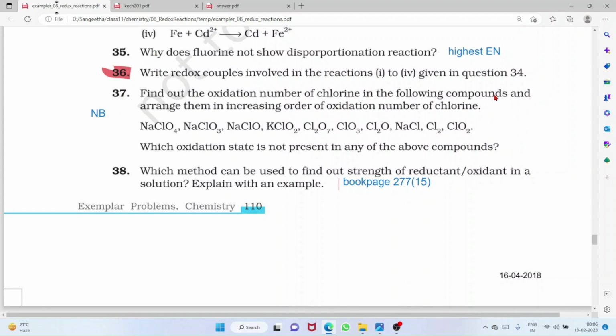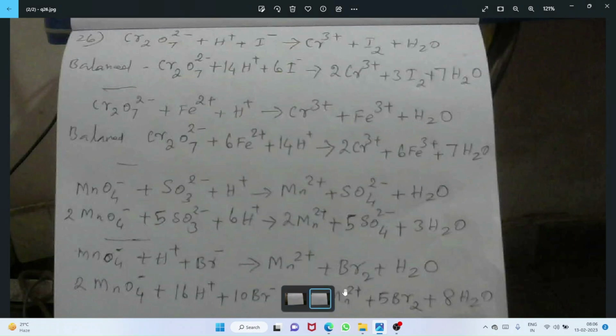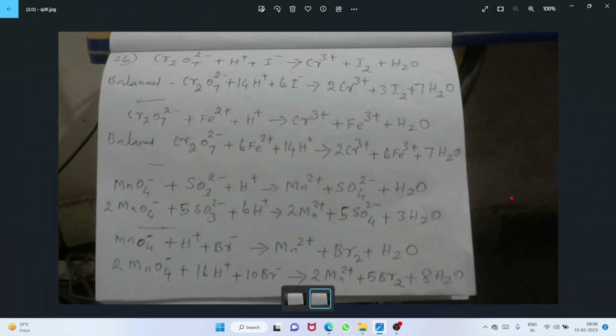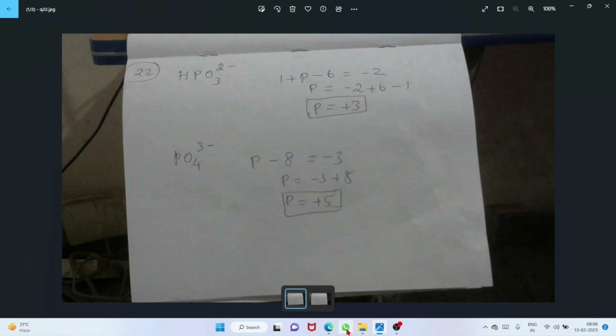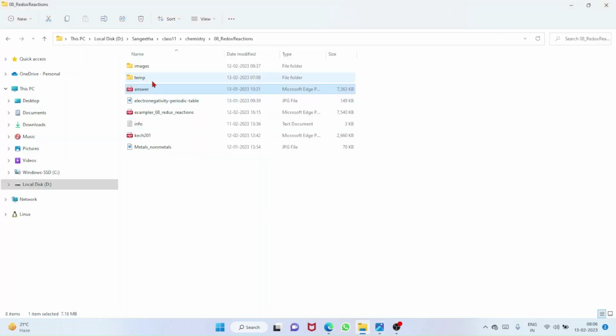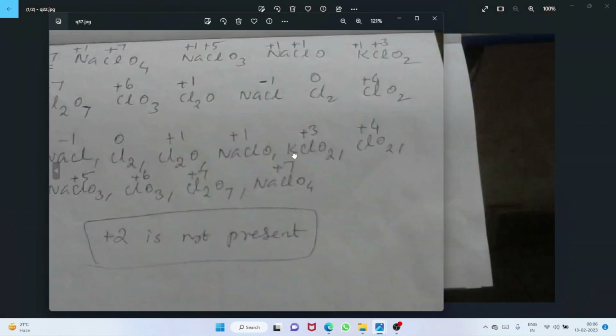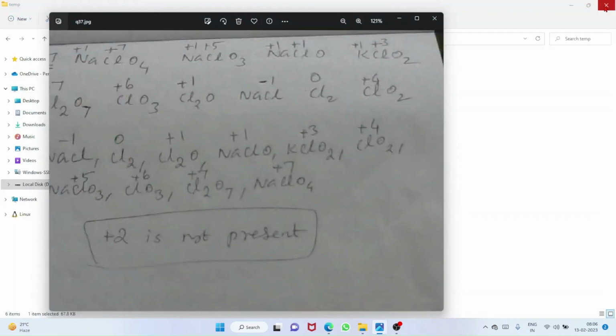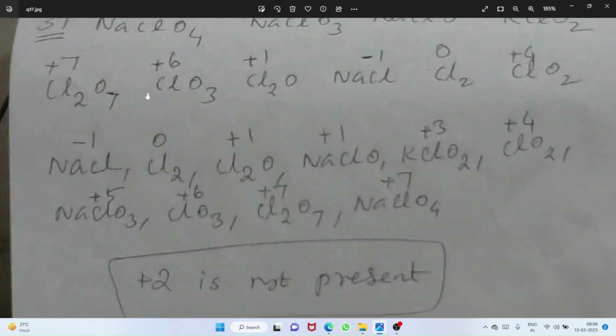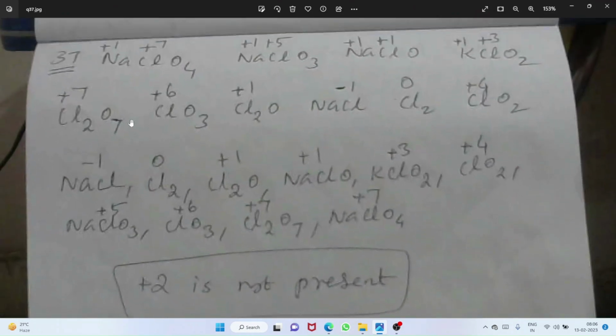Find out the oxidation number of the following compounds and arrange these items in increasing order of oxidation number. Which oxidation state is not present? Okay, 37. So here for chlorine this is positive 7, positive 5, positive 1, positive 3.